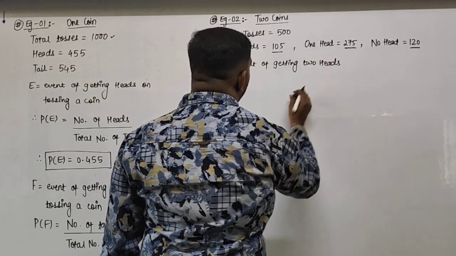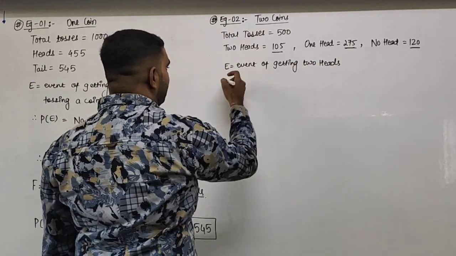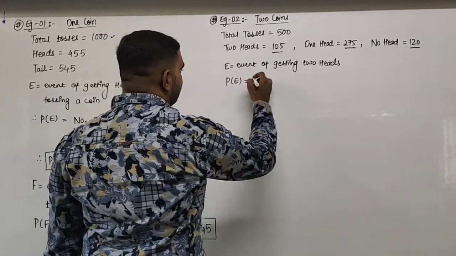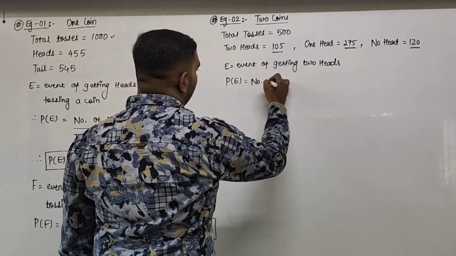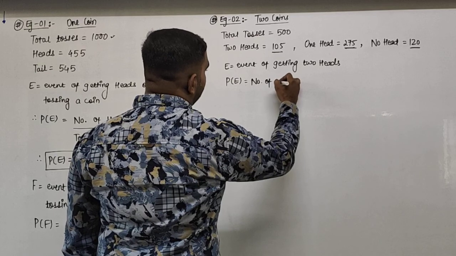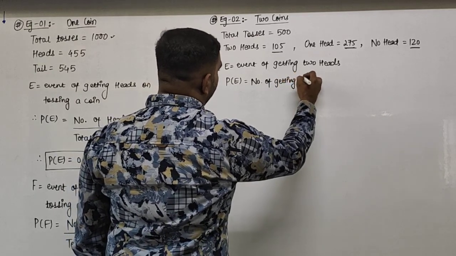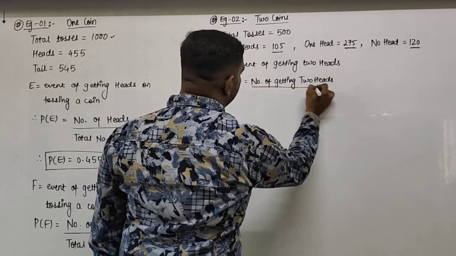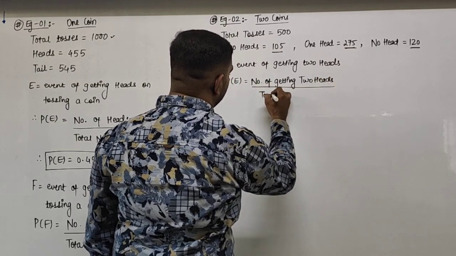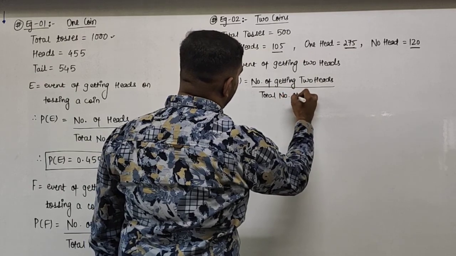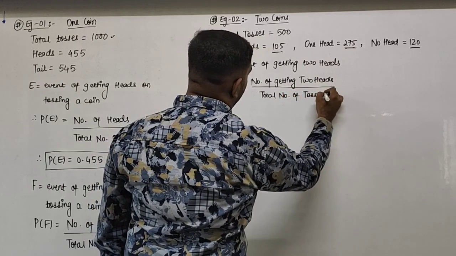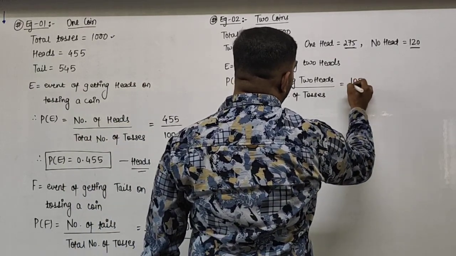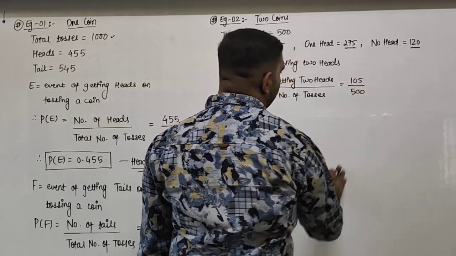So the probability of this event, P of E, is the number of getting 2 heads divided by the total number of tosses, that is equal to 105 divided by 500.